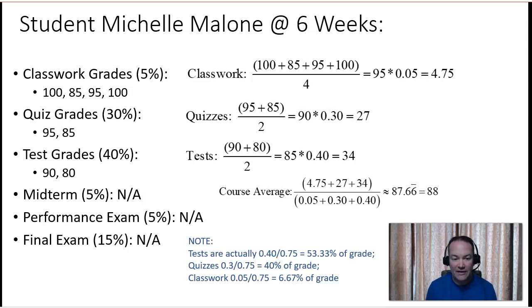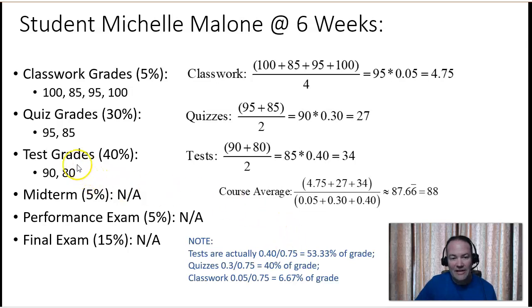And truthfully, that's going to be at the very end of the semester when you have a final exam grade. So for example, for Michelle at the 6 weeks mark, sure, tests are 40% of her overall grade, but only 0.75 or 75% is available at this point.